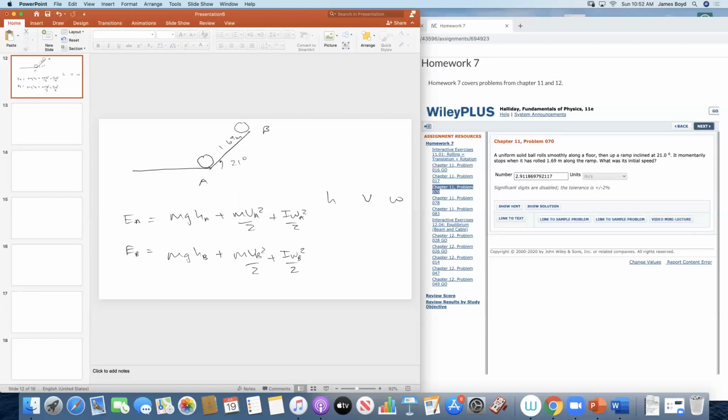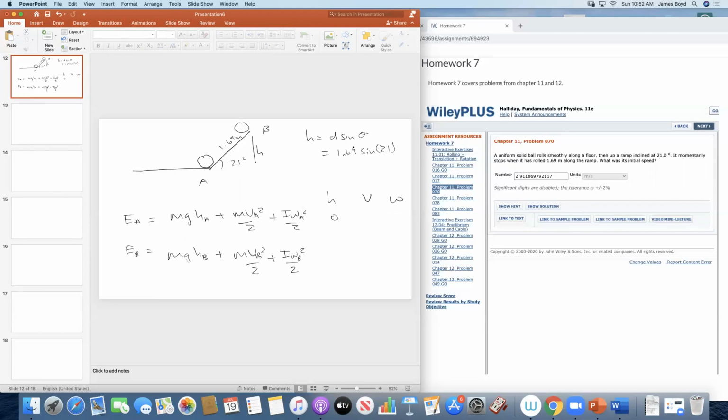So we're going to assume at A, the height at A is 0. What is the height at B? We need h. So h is equal to d sine of our angle, or 1.69 sine of 21 degrees.